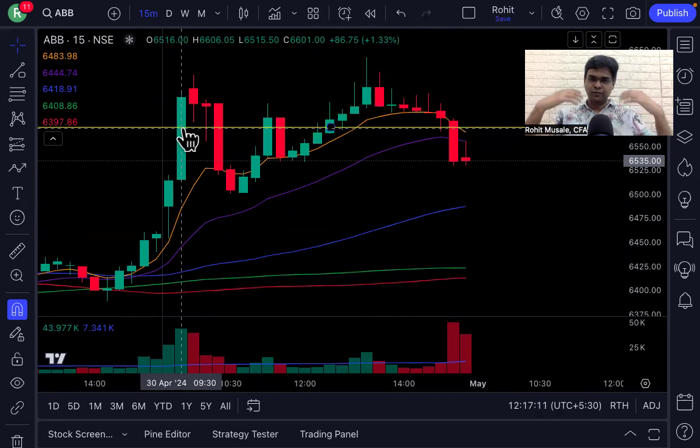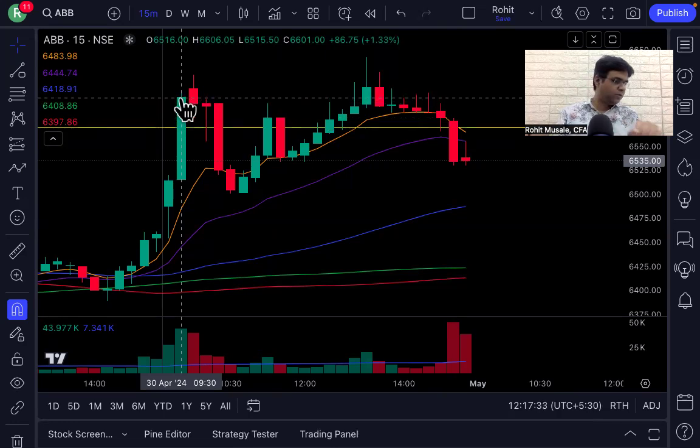So instead of taking full position, I took half position. My full position is normally 6.5, 6.25%, and half of that is 3.25%. So 3.25% of my portfolio was invested in this stock at the close of this candle.